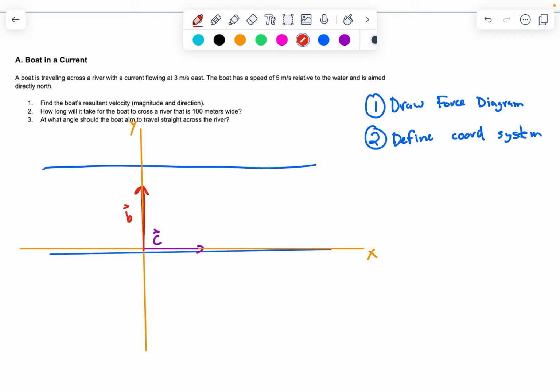Now this is a ridiculously easy system because east is the positive x direction. So the vector C is completely in the positive x direction. So it's 3, 0. And the vector B is completely in the positive y direction. So it is just 0, 5. Okay. They won't all be that easy to get in component form, but this works out very nicely.